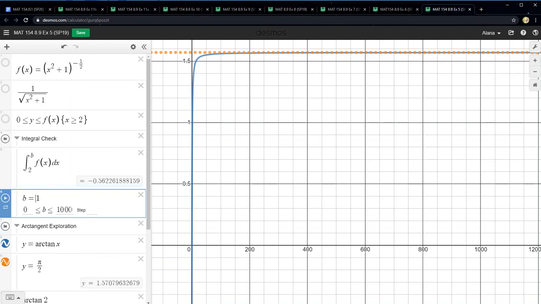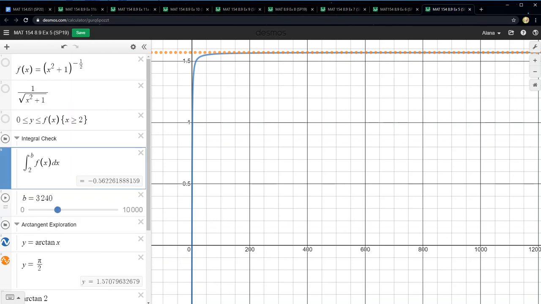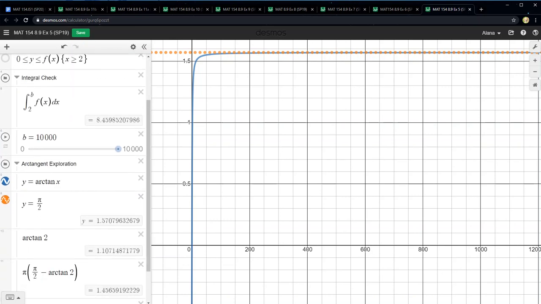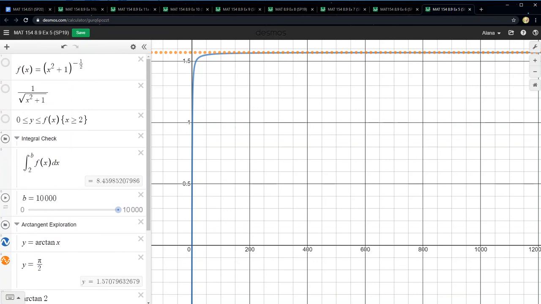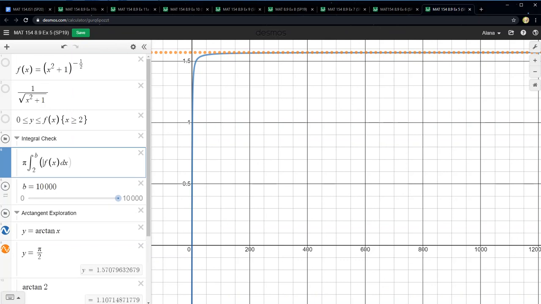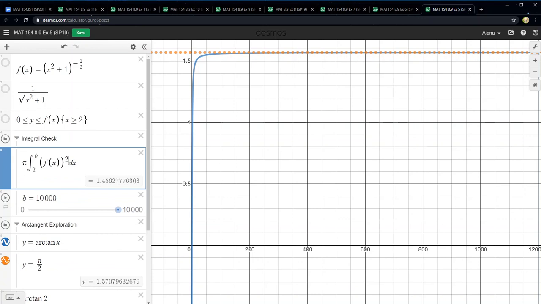If I let b get really, really big, will it approach the answer that I think it should be? Oh, I forgot to put a pi out in front of it. Sorry. Oh, and I also forgot to square. I'm doing a volume thing. It's this, squared. There we go.